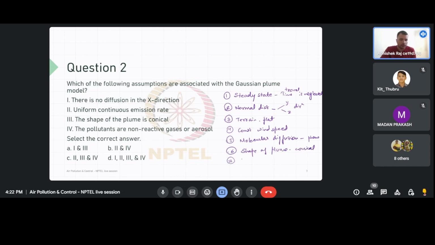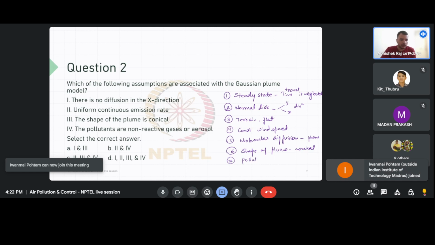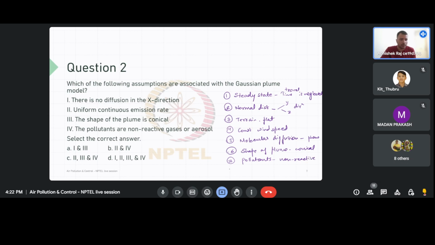Finally, we'll have the nature of pollutants, that would be non-reactive. And along with the wind speed, the emission rate should be constant and continuous. Then there should be no deposition at the surface. So everything should be in the air. There won't be any deposition on the surface level.